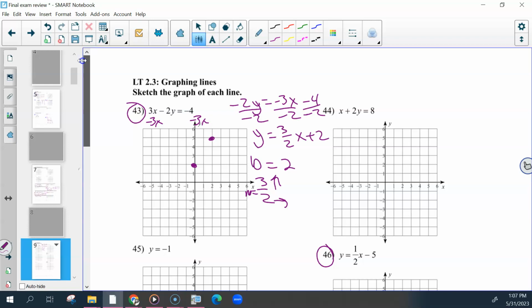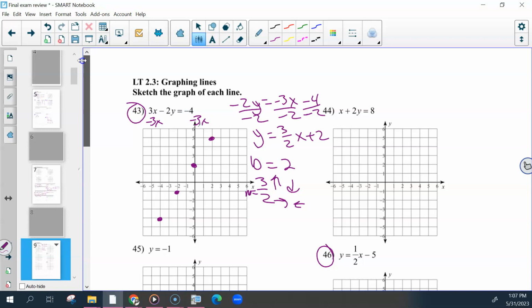But we can also do the opposite. Go down 3 and left 2 from the y-intercept as many times as possible. That also works because even though down and left are both negative, a negative over a negative is still positive.